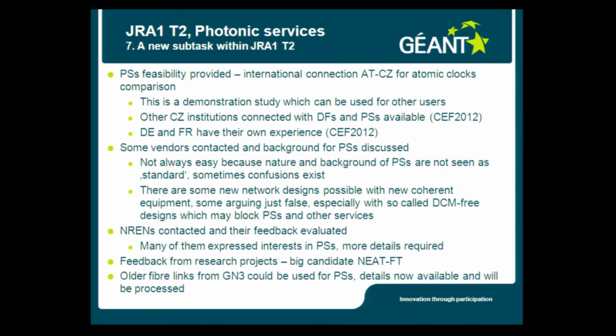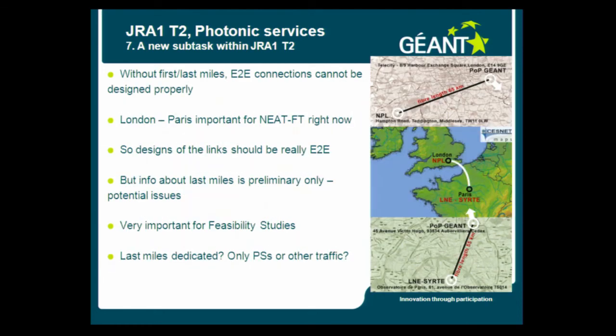Now some older fiber links from Gen 3 could be used for photonic services. Details are available now and definitely will be processed. I got this picture this morning from Stanislav, so basically this is quite an important dark fiber link for the NEET FT project between London and Paris.